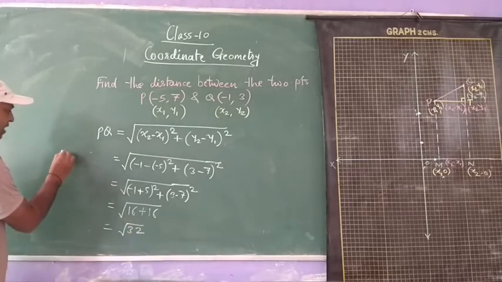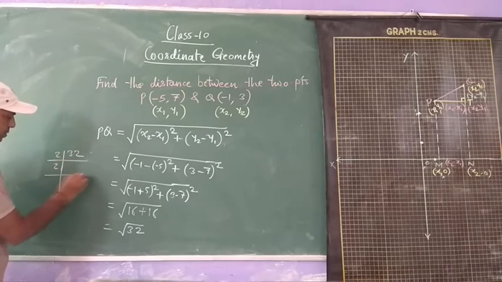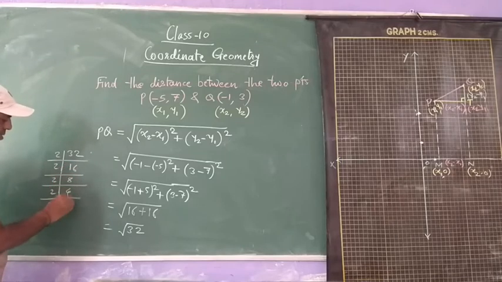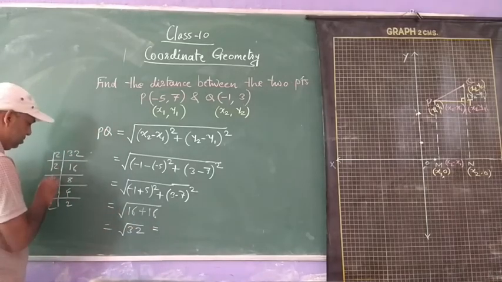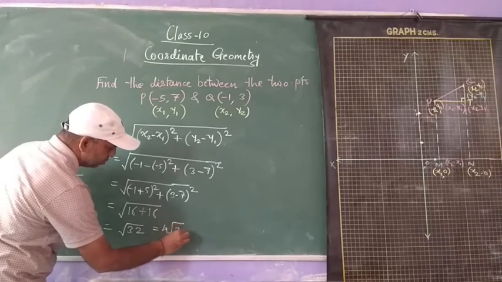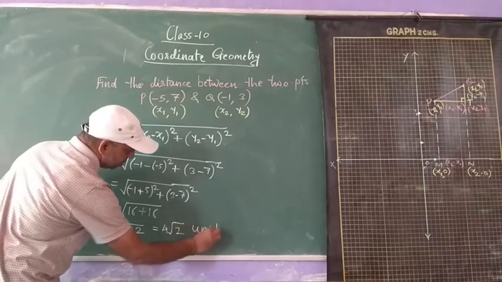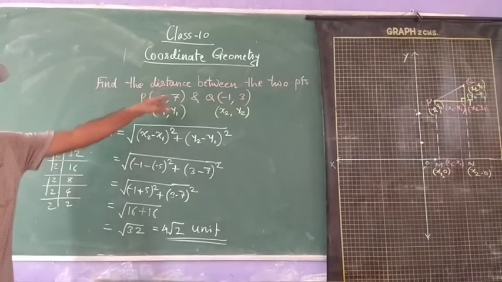So when we factorize 32, we get 2 in the bracket, so 4 under root 2 unit. So this is the distance between the given 2 points P and Q.